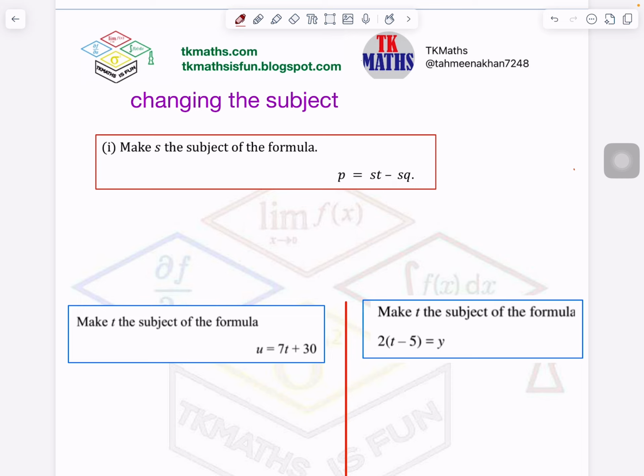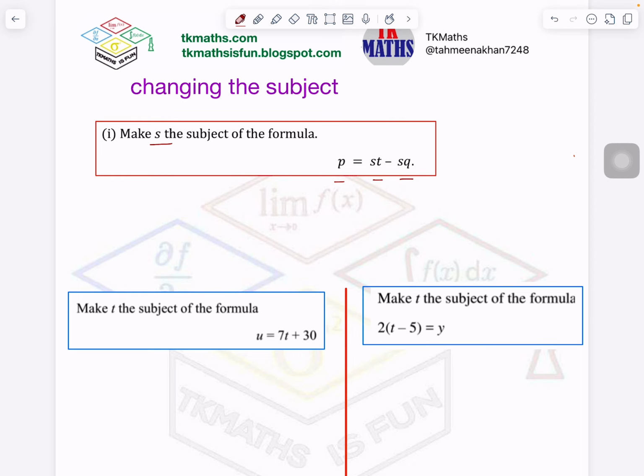Now, the first part of the question is saying make S the subject. So you will always notice that S is present in how many terms? If I see there are three terms, 1, 2 and 3, and S is present in two of the terms. So in this case, we will apply factorization to make S a common factor.